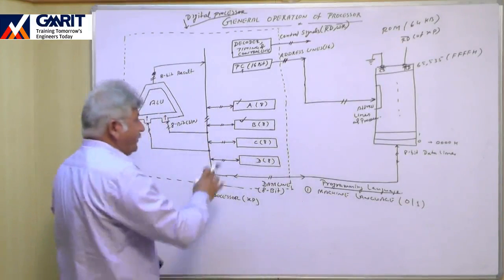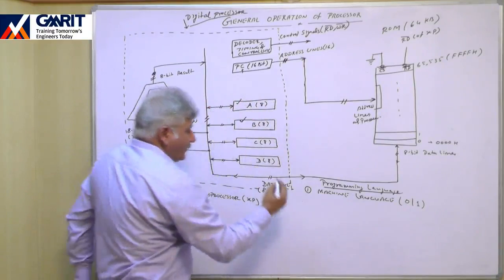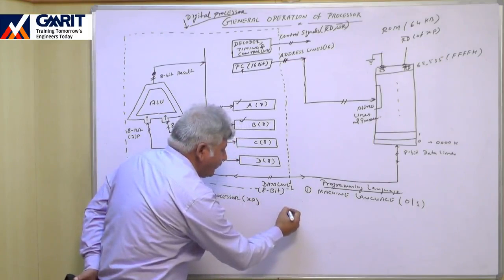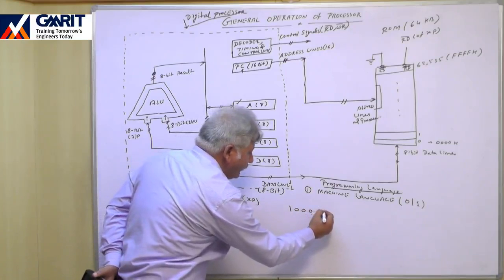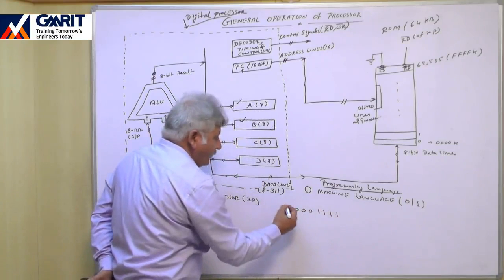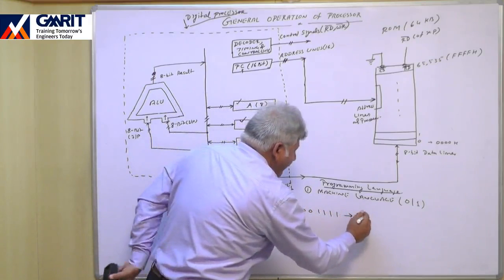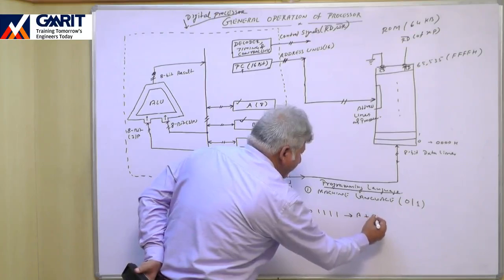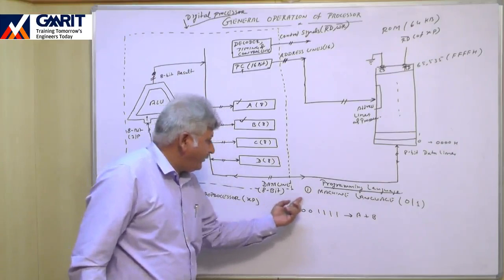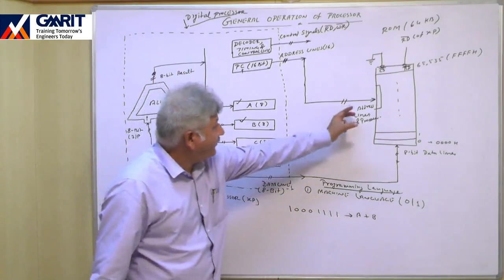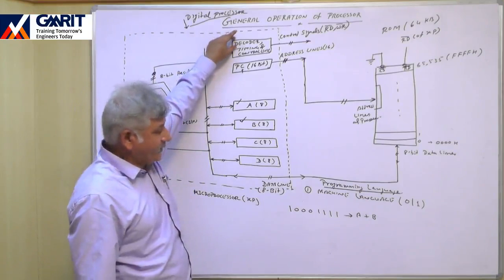Now let us assume that we want to add two numbers which are in A and in B. Suppose this 8-bit binary combination, 1 0 0 0 1 1 1 1, indicates addition of A plus B. Whenever this binary pattern enters inside the processor, first it will go to the decoder section.